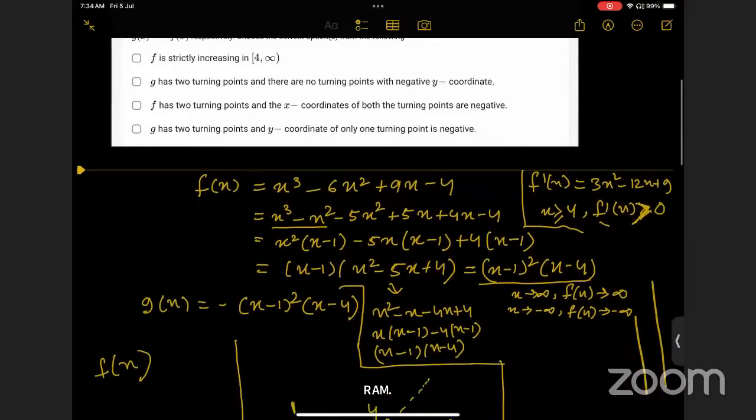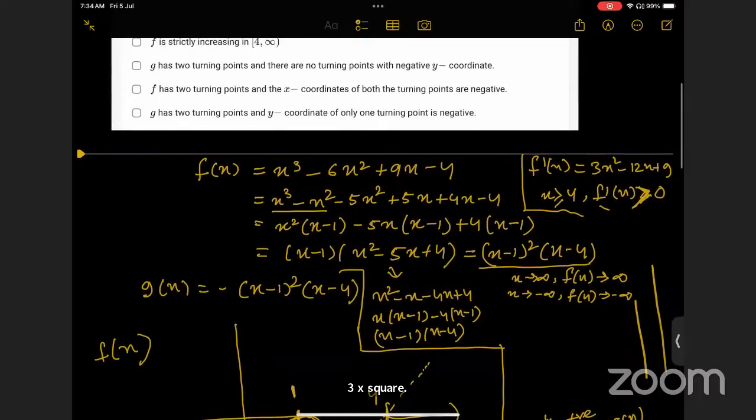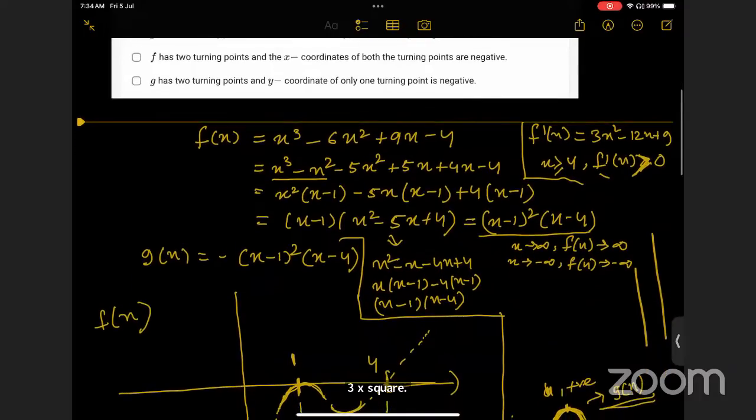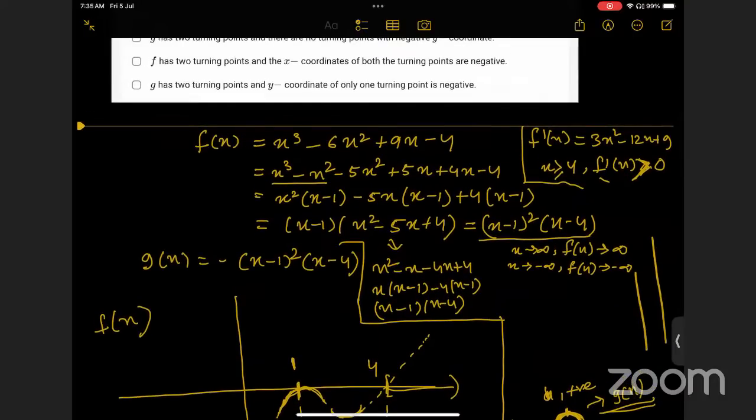Ma'am, for the first one, F(x), you have written x cube minus x square minus 5x square plus 5x. How is this derived, the second step for F(x)? Okay, this step you are talking about, right? You just need to practice to factorize this type of equation, then you will get an idea by yourself.